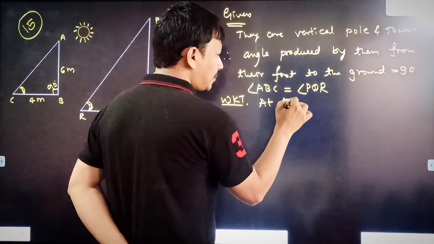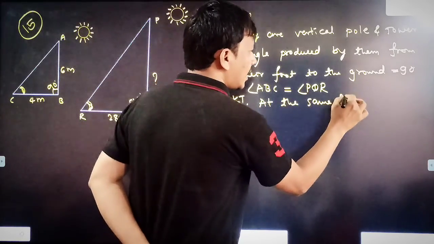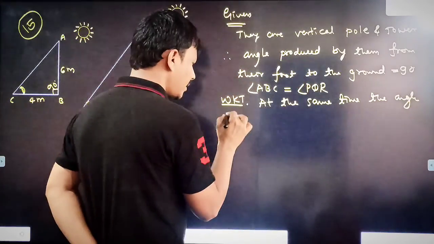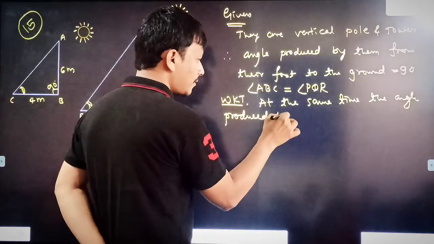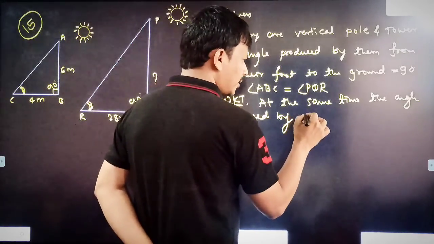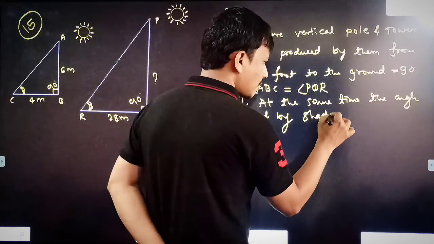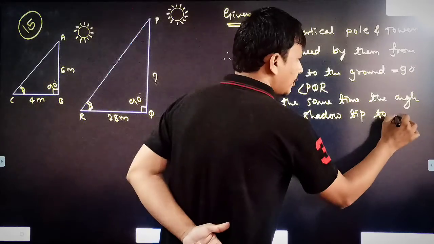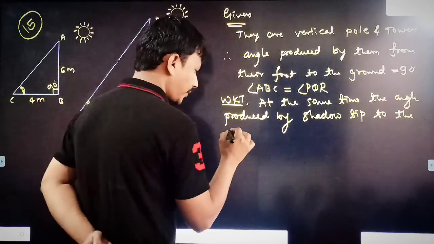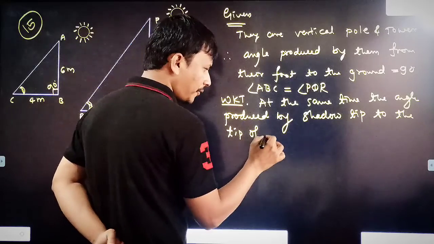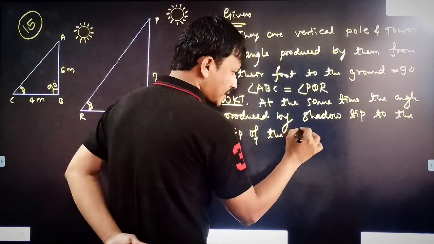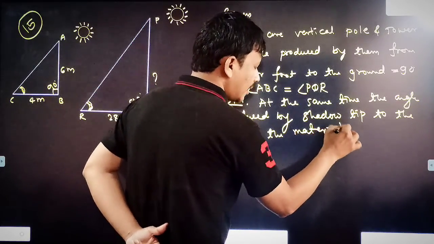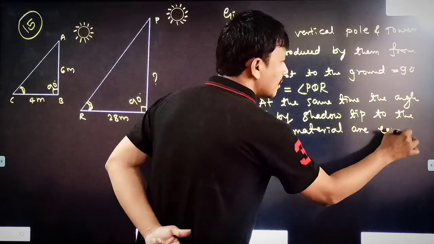We know that at the same time the angle produced by the shadow tip to the tip of the substance or the material are equal.